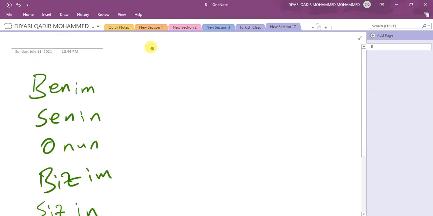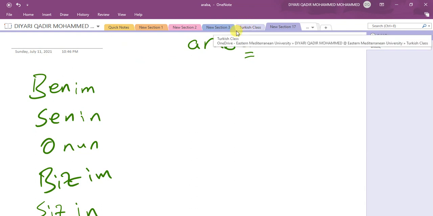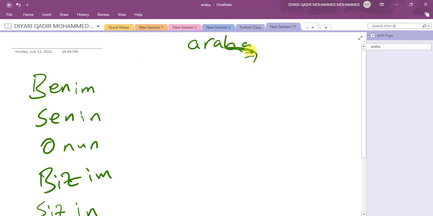Then which example do you think? For example, my car. Oh, let's not say my car because it's the same example as before. Just araba. Araba means car. It ends with a vowel. That's why it becomes the same style as the last example. That's why I change the example to another word.